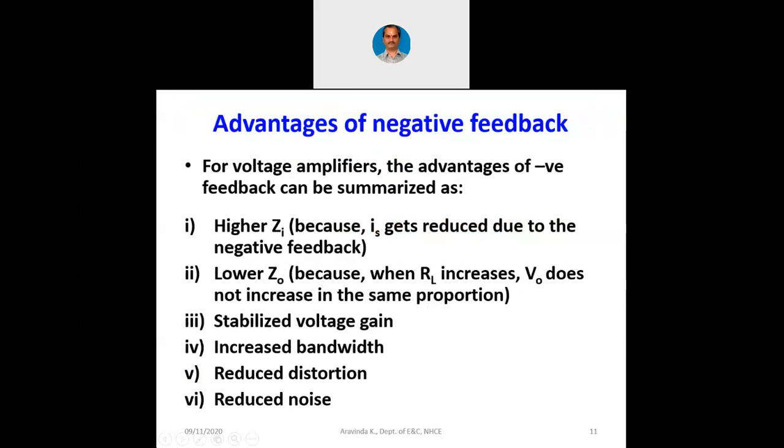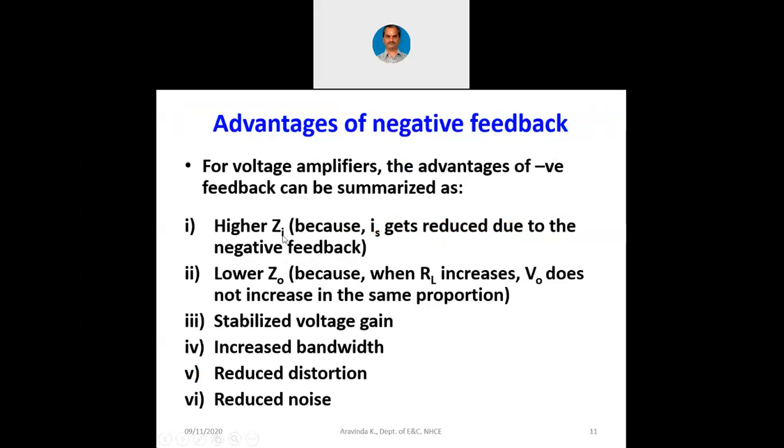So the advantages of negative feedback. For voltage amplifiers, the advantages of negative feedback can be summarized as higher input impedance, because IS gets reduced due to the negative feedback. When there is a negative feedback, even the current at the signal source can get reduced, due to which the input impedance gets increased.